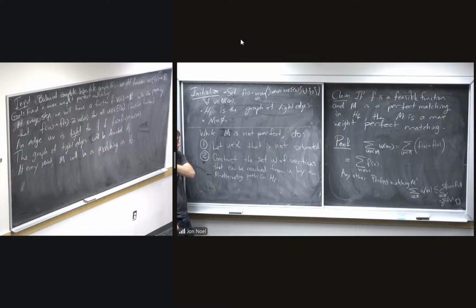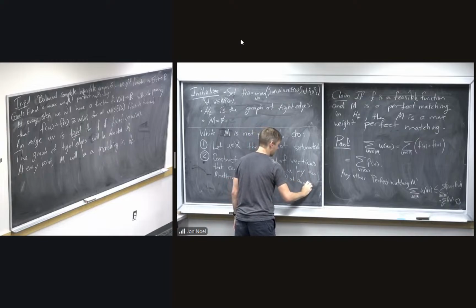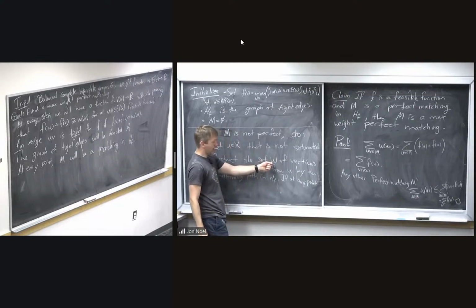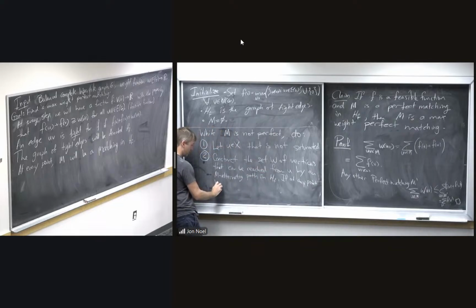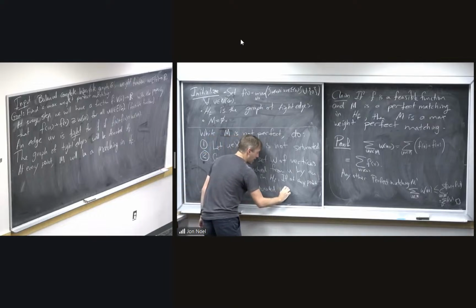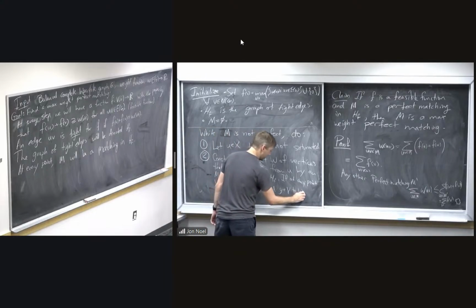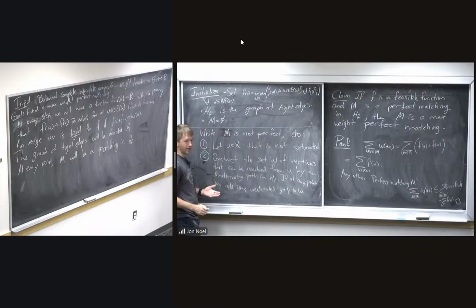Now, during that process, if you add a vertex from Y that's not saturated to W at any point, so you add some unsaturated y in Y to W, then you actually found an augmenting path.